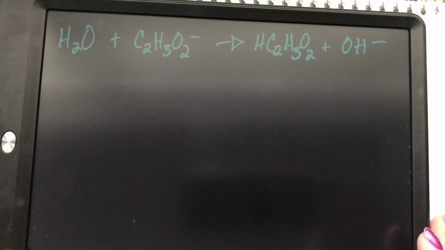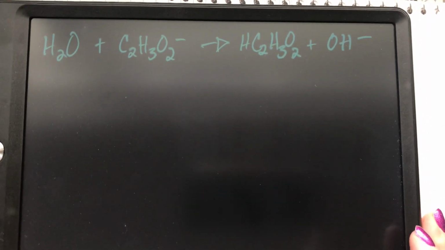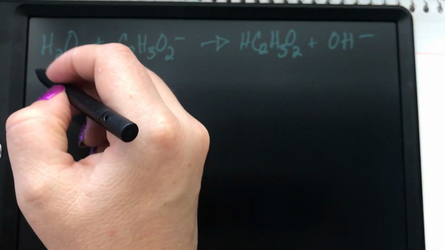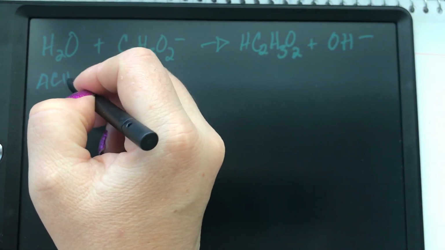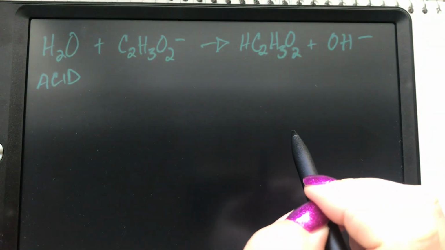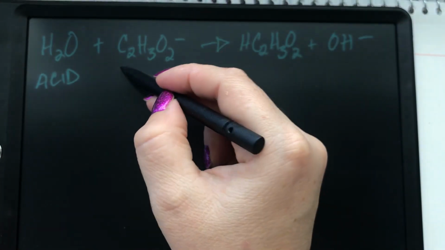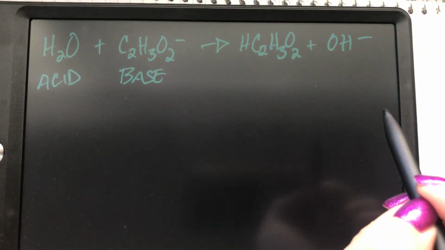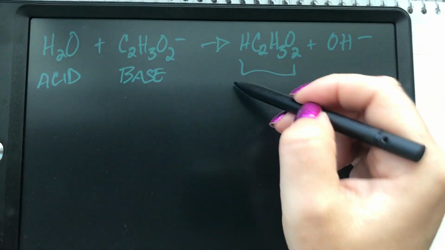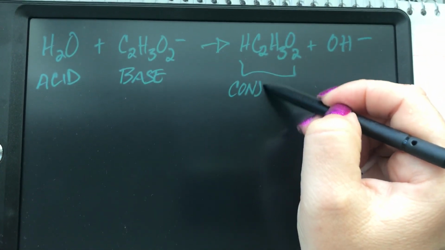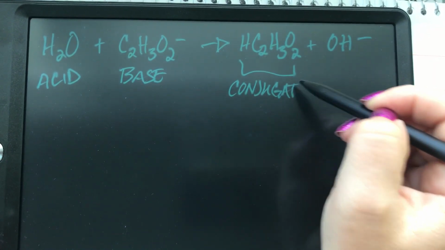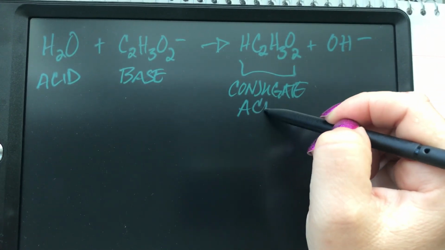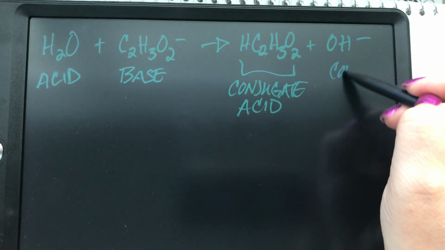So if I have this, I could easily have written the reaction this way. Now, this guy is the acid because it's donating a proton. This guy is the base because it's accepting the proton. This guy is the conjugate acid. And this guy is the conjugate base.